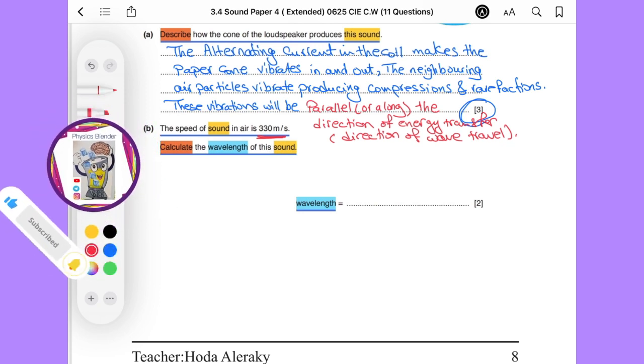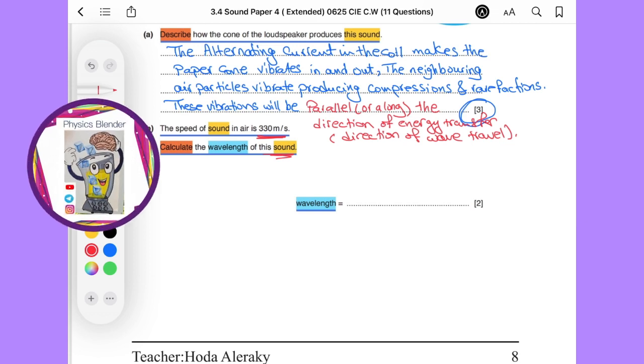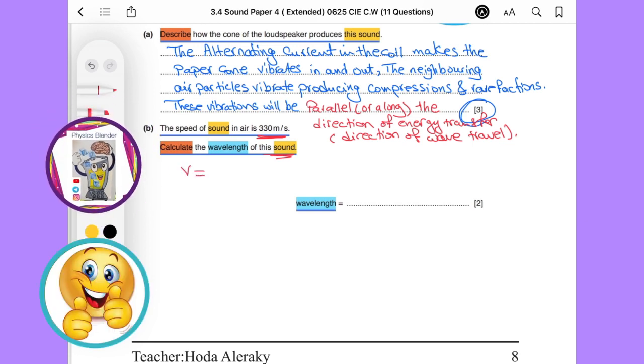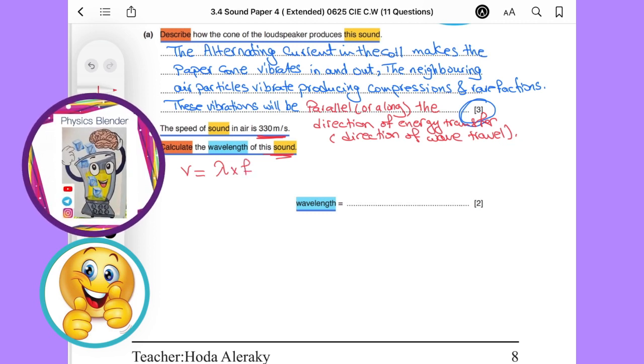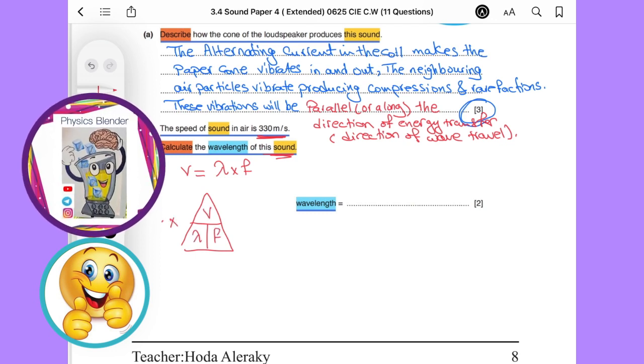Calculate the wavelength of this sound. According to the wave equation, speed of sound is equal to wavelength times frequency. And again, guys, this triangle will not be accepted.